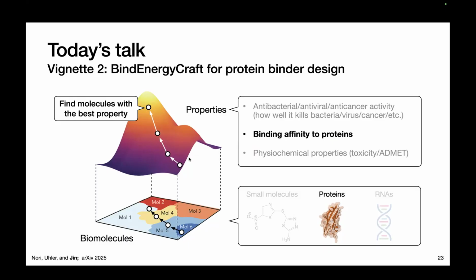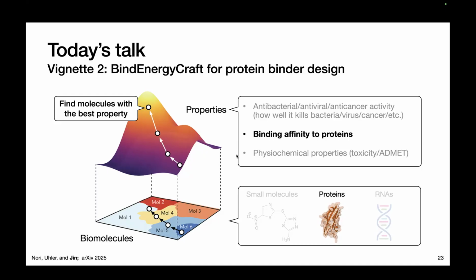They can reboot our immune system to fight against cancer. So we are equally interested in other kinds of biomolecules. In the second part of today's talk, we'll talk about how we can effectively design proteins that bind to different kinds of targets, right? Here the property that we care about is the binding affinity to proteins, right?